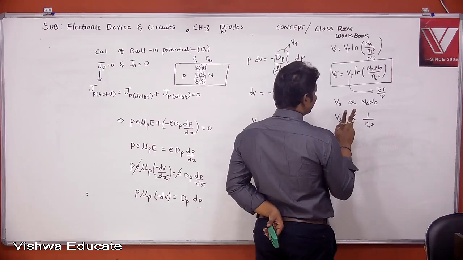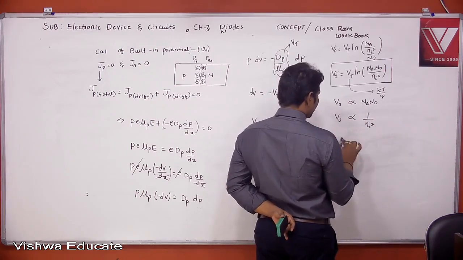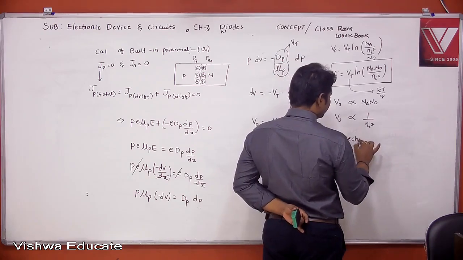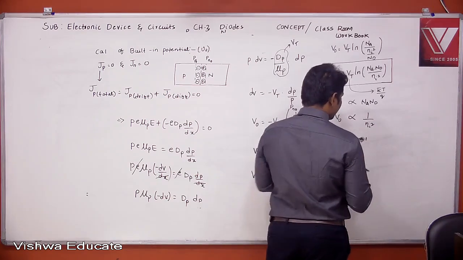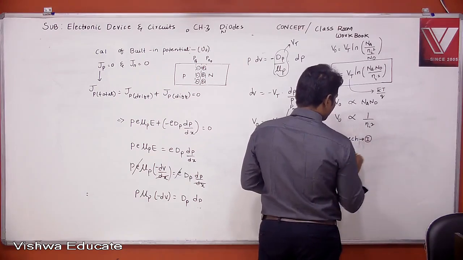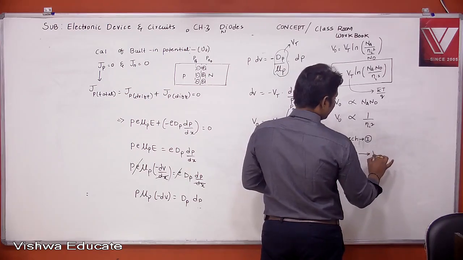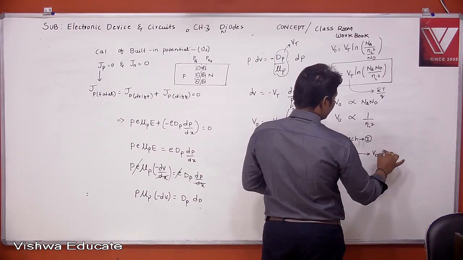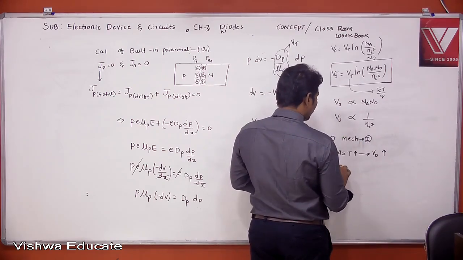But actually in case of PN junction two mechanisms are involved. The first mechanism is with respect to the formula. Mechanism 1: as temperature is increased, the built-in potential is increased with respect to this formula, right? One more mechanism is there.